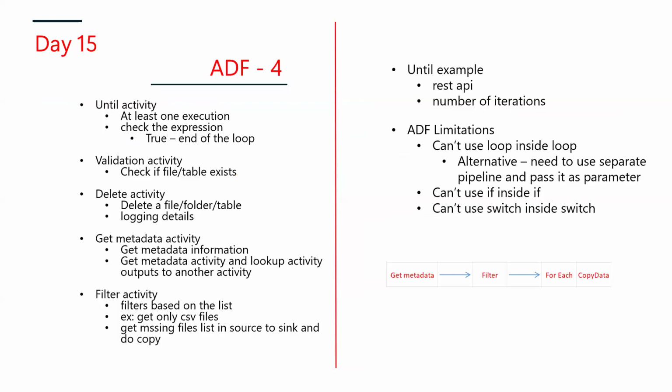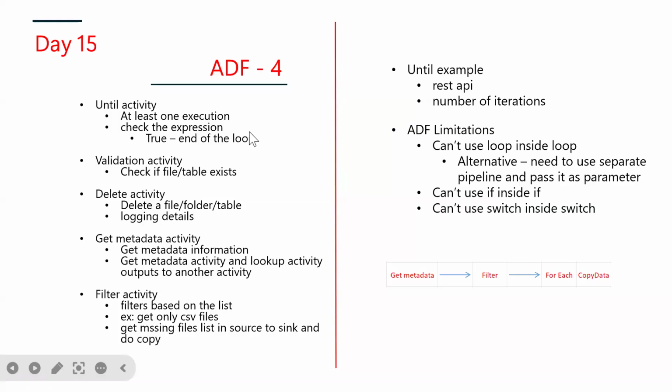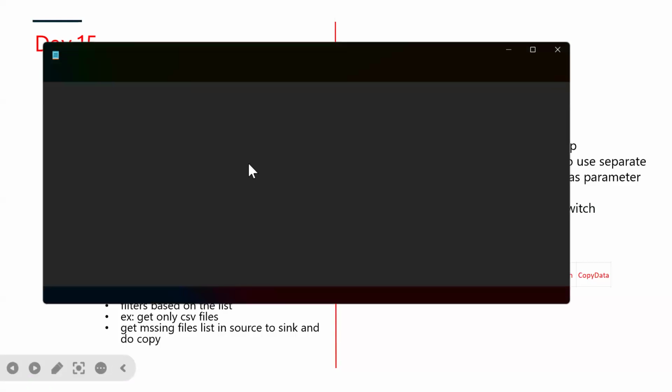Take a simple example. Suppose you are waiting for a file to execute further steps. If the file arrives, you start executing your process; if there is no file, you need to do something else.